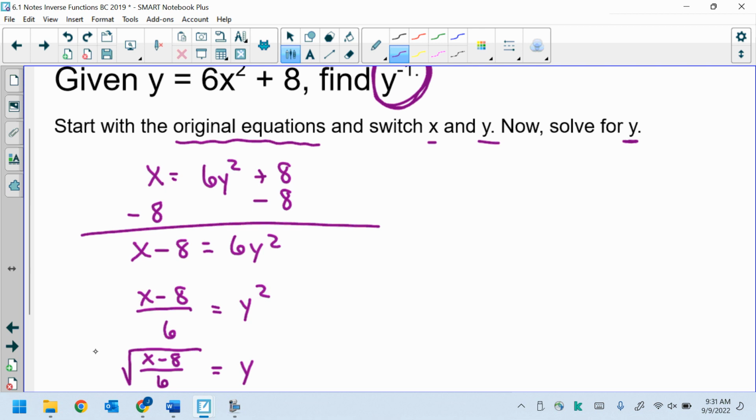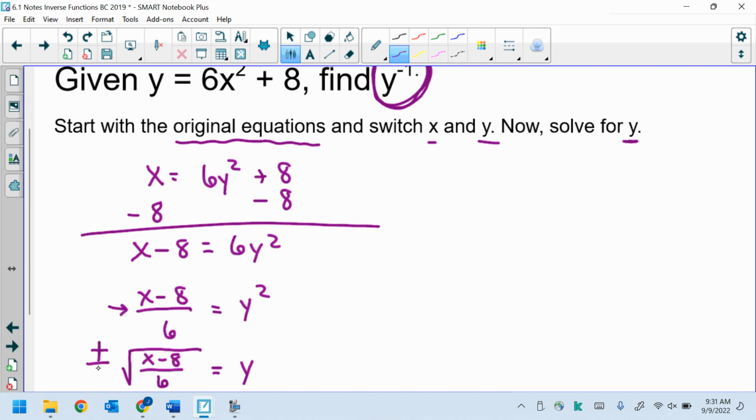And I would have to remember that if y squared is equal to this thing, then y is either the positive or the negative square root of x minus 8 over 6.